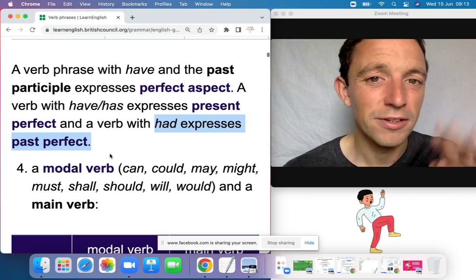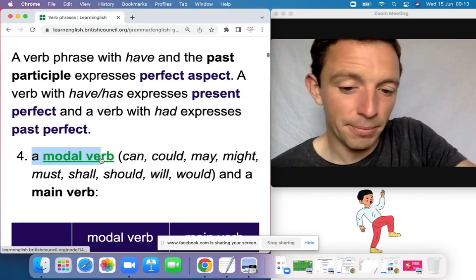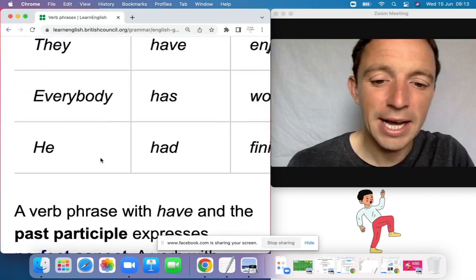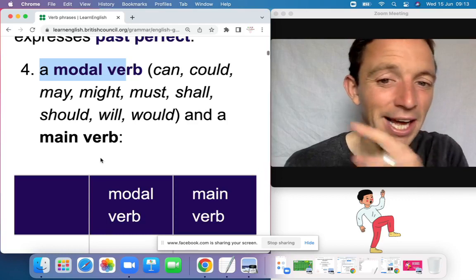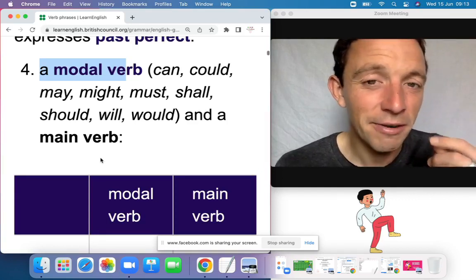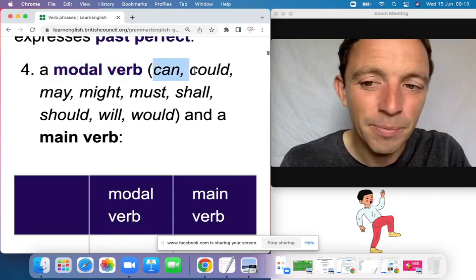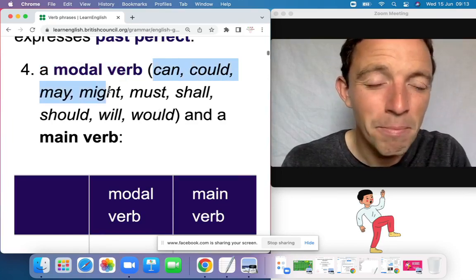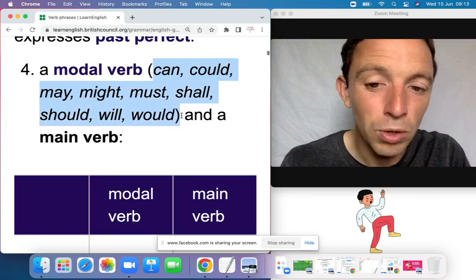Next, the fourth structure of a verb could be a modal verb. Modal verbs are really important because they're very common, and here you can see a lot of verbs that are considered modal verbs. Can, could, may, might, must, shall, should, will, would.